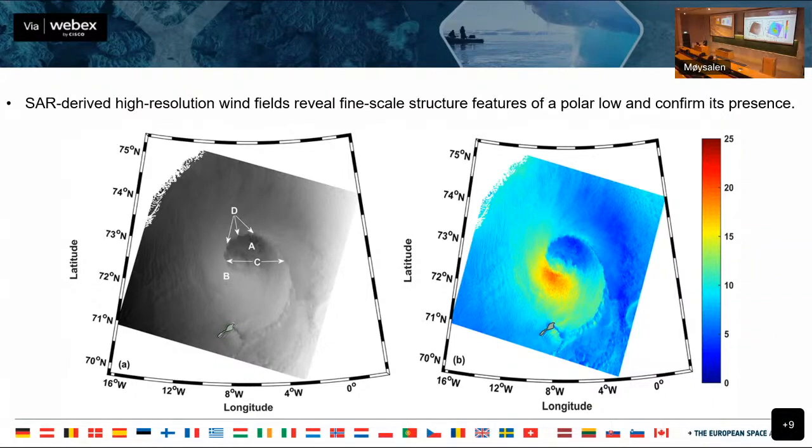Some of the properties in the SeaSAR image in fact give us a signal of the wind direction, where you can see some of the wind streaks in the western part of this image, and that can be used to impose the wind direction. The wind speeds in these polar lows are not necessarily the highest that you associate with extreme winds. They can be 18 to 20 plus meters per second.